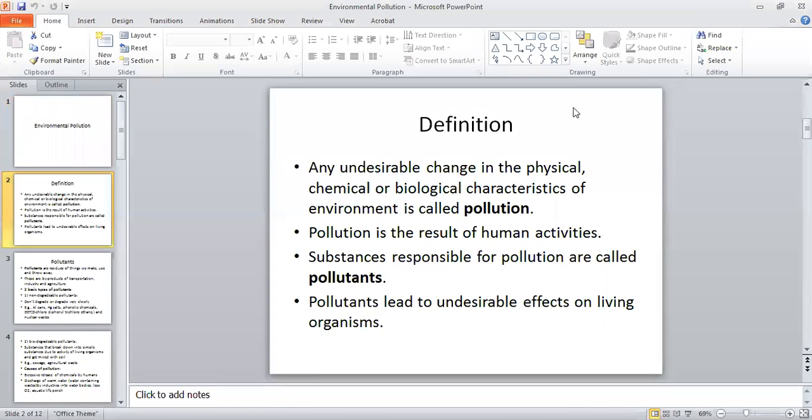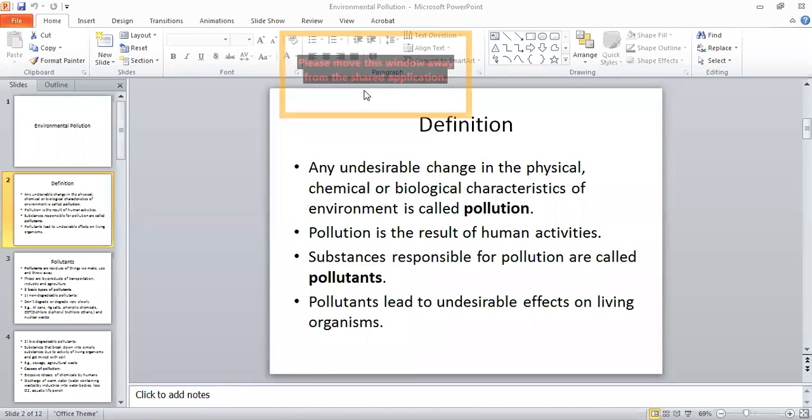And how does this pollution result? This pollution is the result of human activities. Whatever humans do against nature, if they do something wrong, if they spread materials in the environment which are hazardous, which are toxic, this results in pollution of the environment.